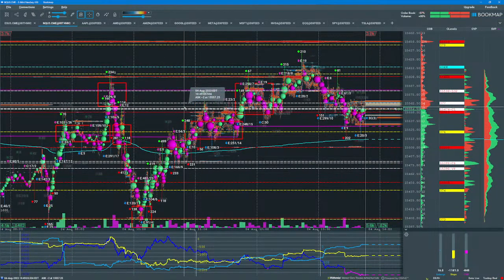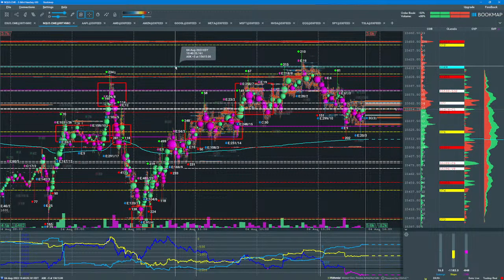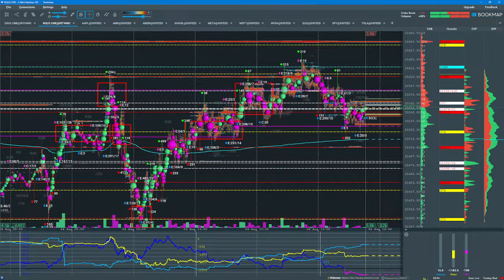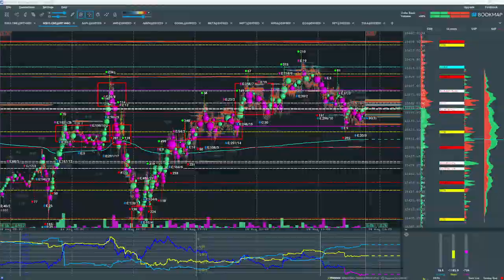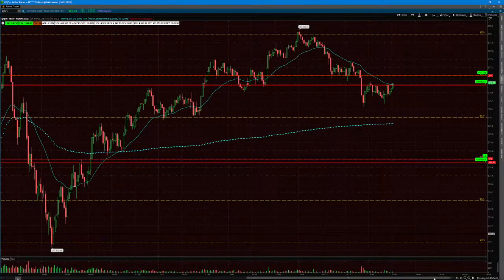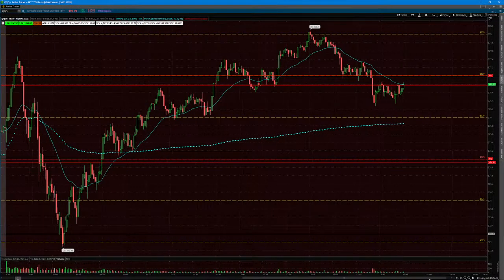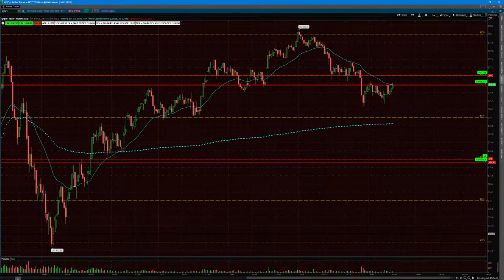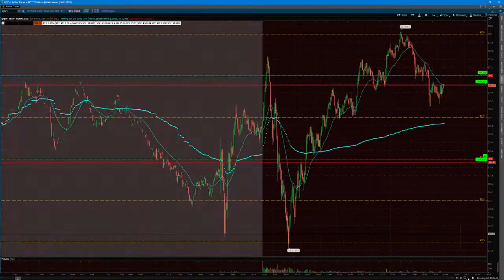And here's the Nasdaq NQ futures. The round numbers for QQQ were very important today, so let's take a look at a QQQ chart. Let me zoom out just a little bit here.